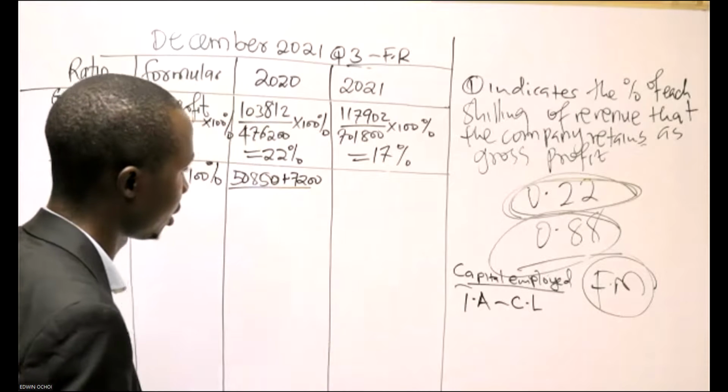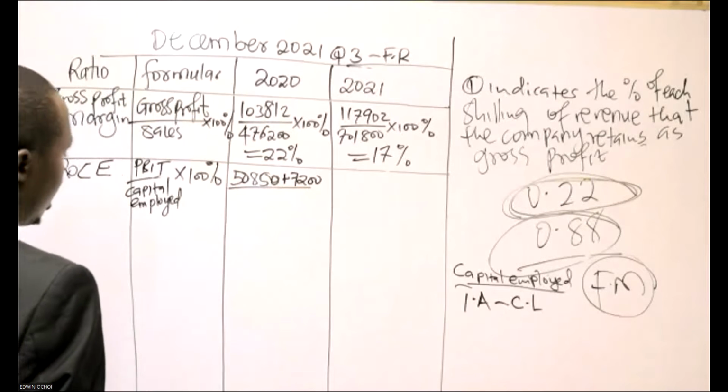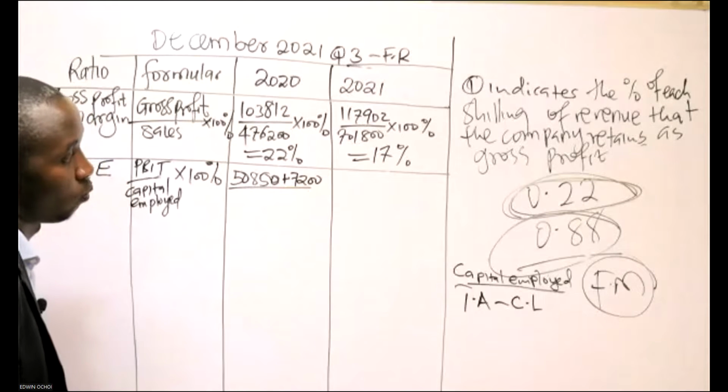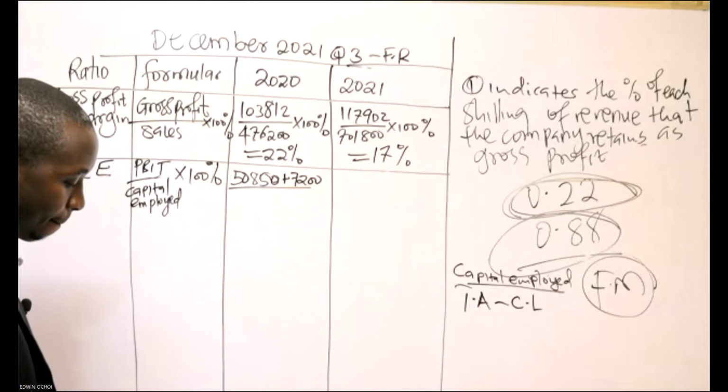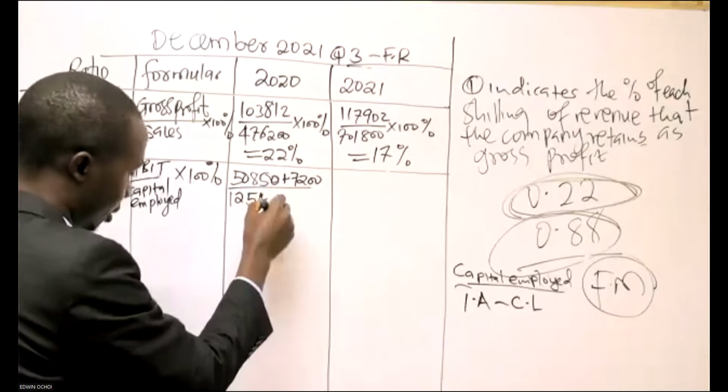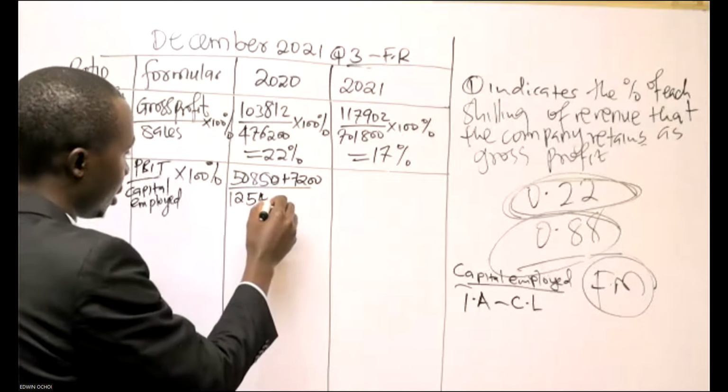What are we getting as your total assets? 1,254,835.